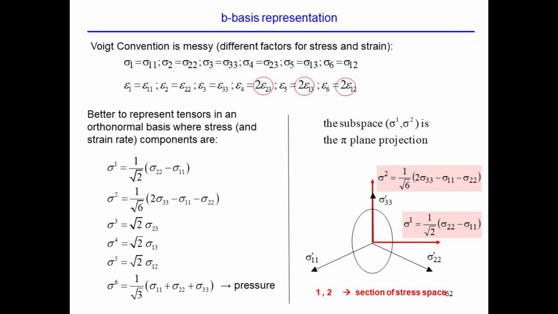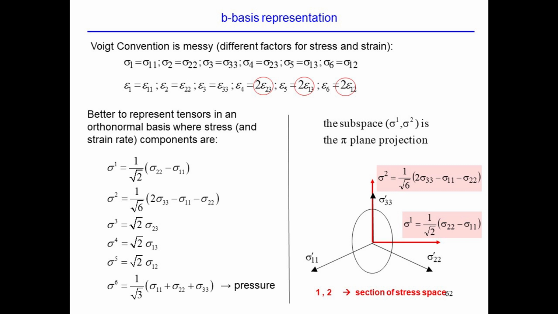Okay, so what are these components with respect to the ones that you are accustomed to seeing? You are probably accustomed to seeing representations of the yield surface that look like this: sigma 1,1, sigma 2,2, sigma 3,3. Now, the component sigma 1 is essentially a component in this direction, this axis. Sigma 1 is sigma 2,2 minus sigma 1,1. It goes in this direction.